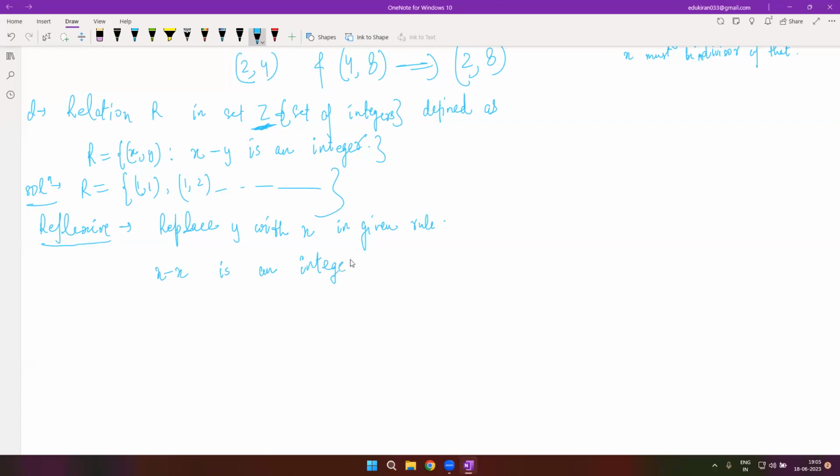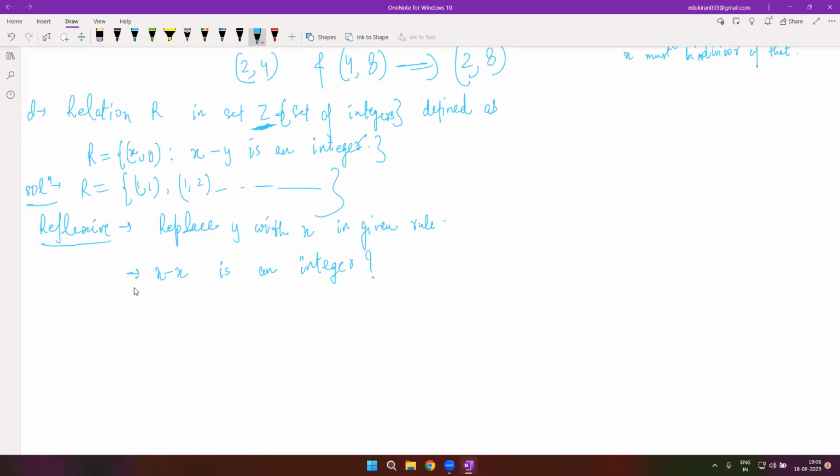So you can start solving it like this. First replace y with x, then after replacing y with x in the given rule, when you come to this statement of the rule, put a question mark. If the answer of that question mark is yes, then your relation is reflexive. If the answer of that question is no, then your relation is not reflexive. So in this case, the question is x minus x is an integer.